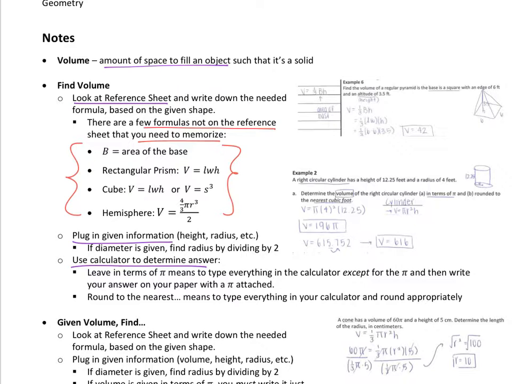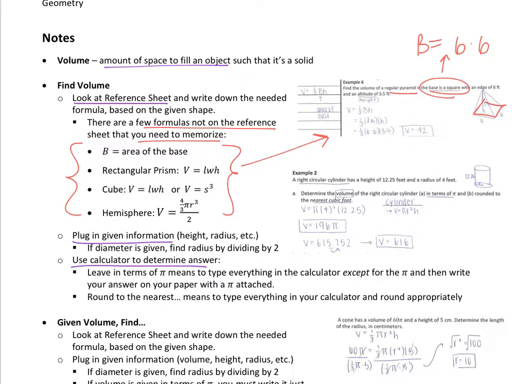So, for example, in this example over here to the right, it says find the volume of a regular pyramid where the base is a square. So to calculate big B here, we would take that edge of 6, multiply it by 6 to get big B, because area of a square is length times width. We're going to see more examples of this when we get to the next part of our notes.